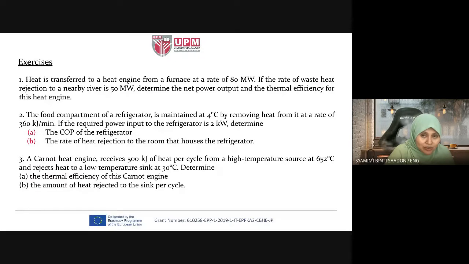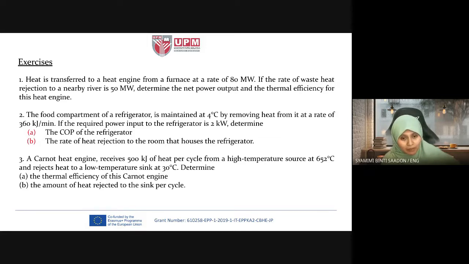So next, second one: the food compartment of a refrigerator is maintained at 4 degrees Celsius by removing heat from it at a rate of 360 kilojoule per minute. So you have to change the unit. Removing heat means QL, so QL is 360. We remove the heat, and that is our desired output.